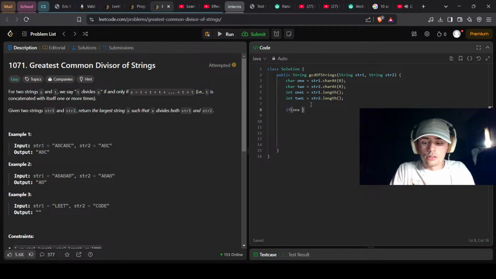If 1 is not equal to 2, then we're going to do return none. Or return this. Can I do that? I don't know if that's a valid output. Let's see.